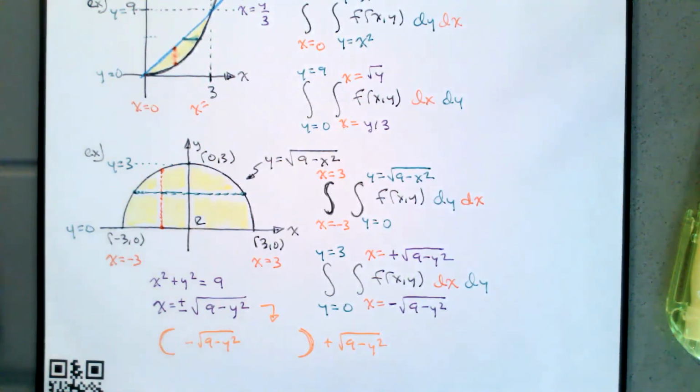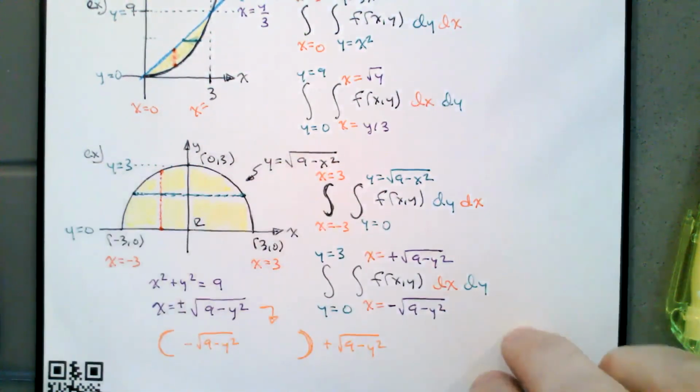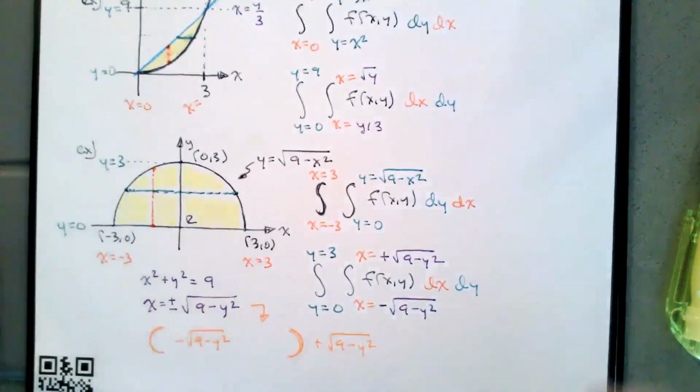All right, let's do one more. It's going to be a variation of this circle. I'm just going to rotate this 90 degrees so we can really get at this plus and minus business.